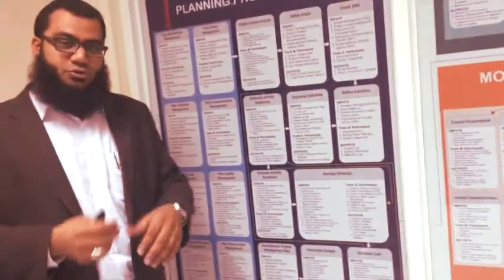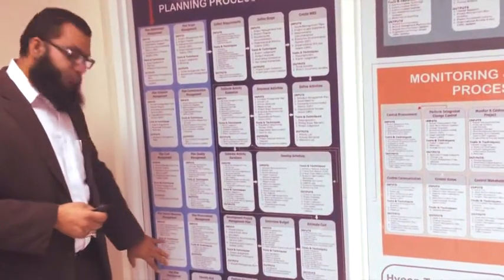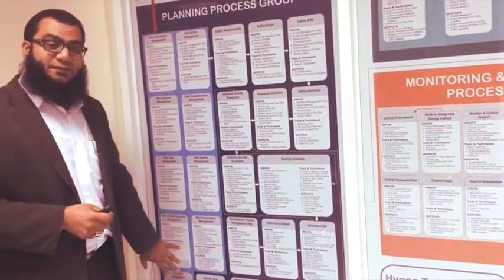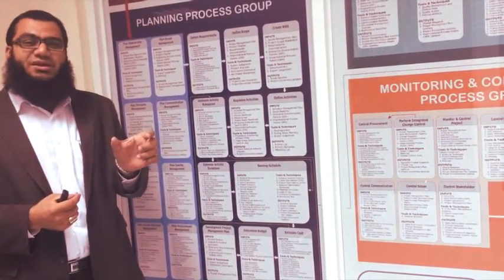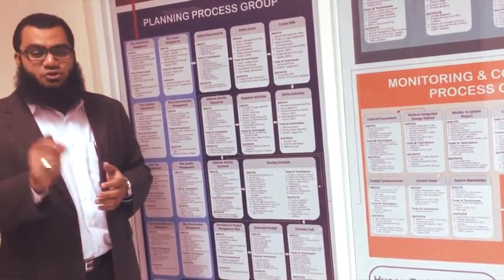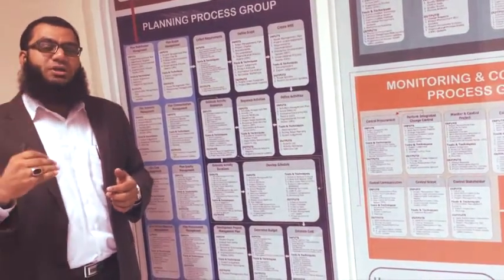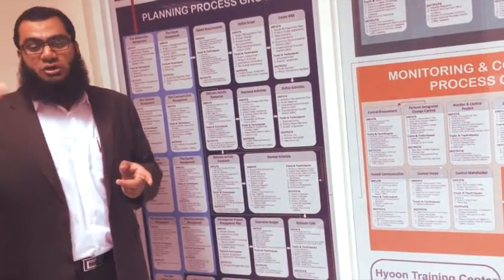Now in planning, with other processes in parallel, your risk plan is ready, and then you move on to identify risks. Once you have the risks identified, the next step is qualitative analysis, so you know which risk is high, low or medium. After qualitative analysis, you do quantitative analysis, so you know the quantity.